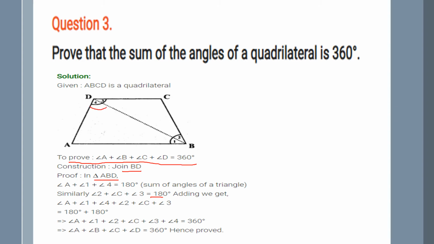So this angle plus this one, sum will be 180. In triangle DCB also, this plus angle C plus angle 2 will be 180 degrees. So both the equations you can add. Okay, just add both the equations. When you add, angle 1 plus angle A plus angle 2 plus angle C plus angle 3 plus angle 4 equals 180 plus 180, it will be 360 degrees.